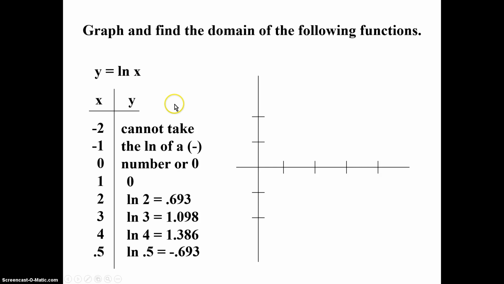All right, so now essentially you can graph the x and y points. In this case we're obviously going to start with 1 and graph the rest of them, and we get a curve that looks like that. And the question in the slide says graph and find the domain of the following functions. Now, the domain is the x-axis.